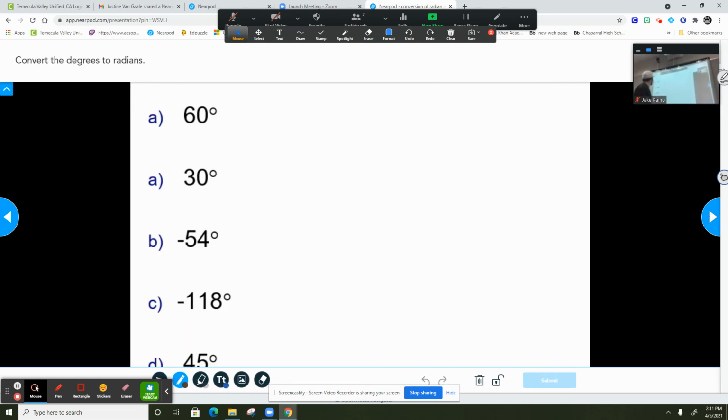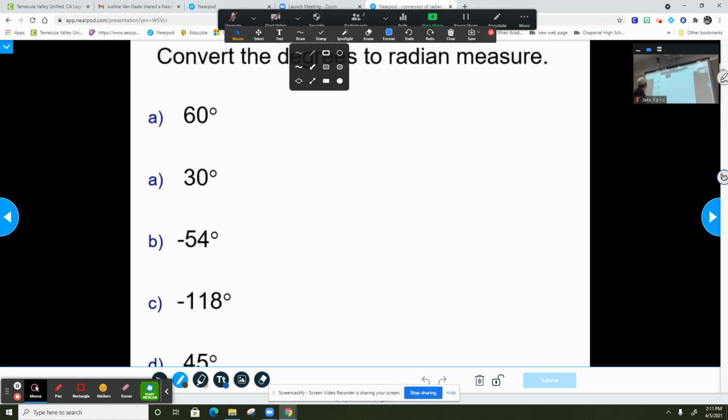You guys are going to take a second to convert these to radians. Every single time, what do you have to multiply by? You want to multiply by pi over 180 every time, because you want the degrees to cancel out.